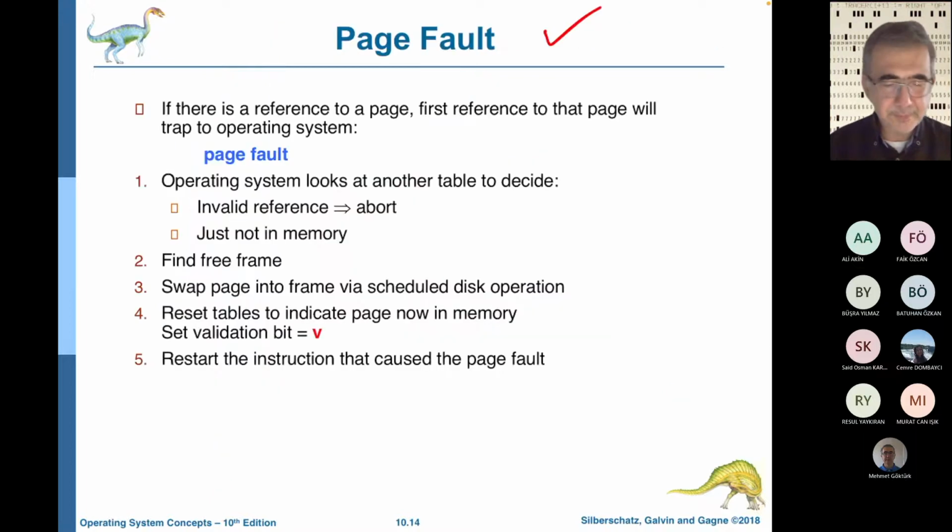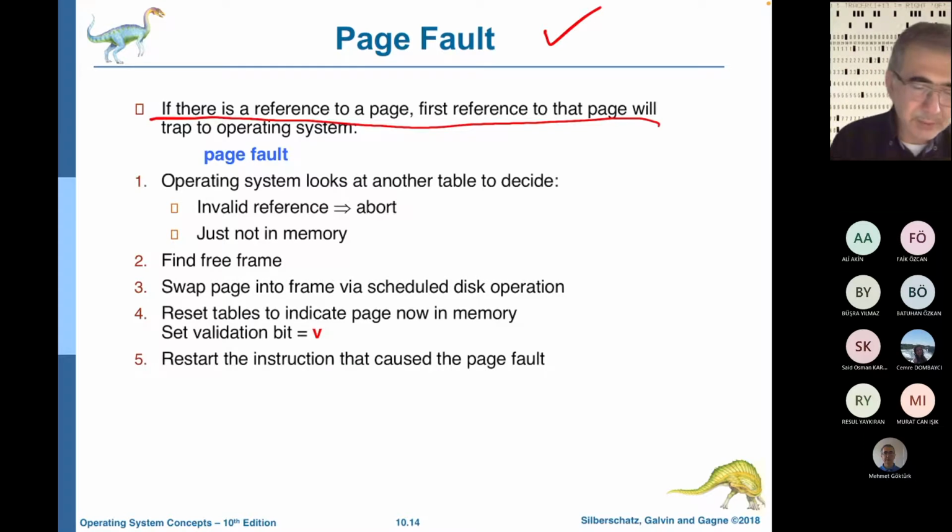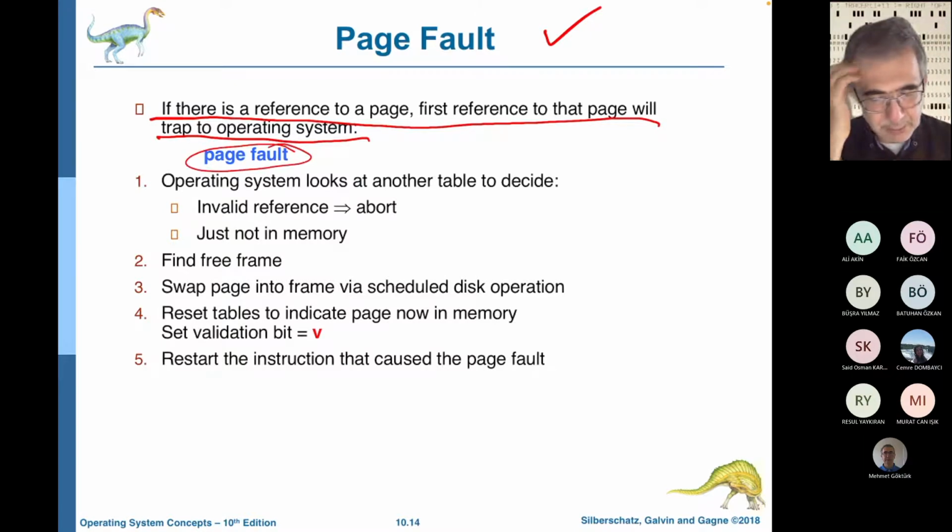That is page fault. If there is a reference to a page, first reference to that page will trap, a software interrupt to the operating system. We call it a page fault, and the operating system looks at another table to decide whether it is an invalid reference, or just not in memory.